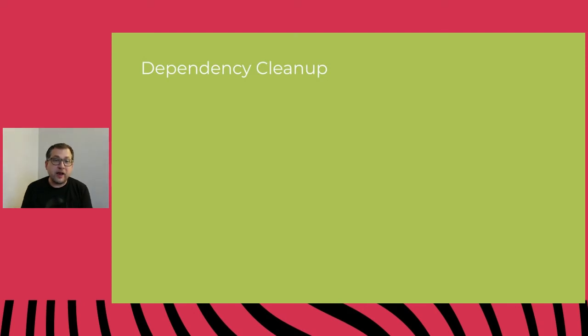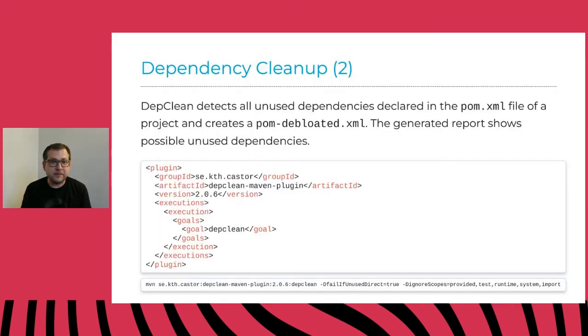So the idea is, let's get rid of some dependencies. And I came across a very neat project, which is called the DepClean Maven plugin. The DepClean Maven plugin is from, I think, a Swedish university, where they created a tool which checks the bytecode, which reads the strings for reflection stuff and other things.